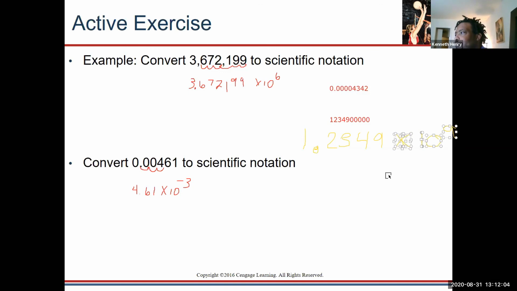That would be our answer. Did I erase your answer, Aaliyah? Now, Aaliyah, we want to have one digit, then the decimal, not two digits.